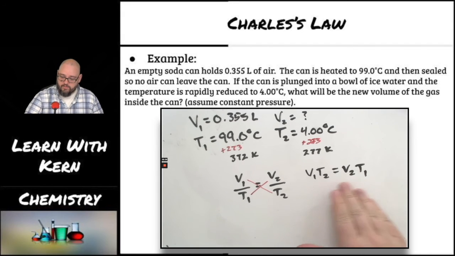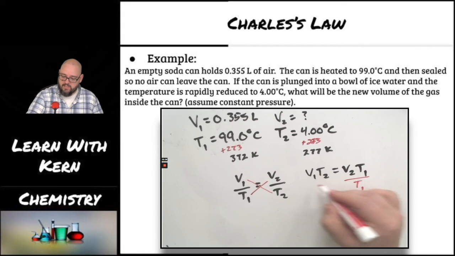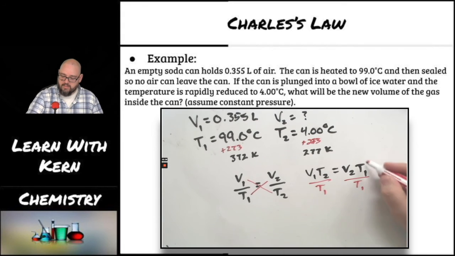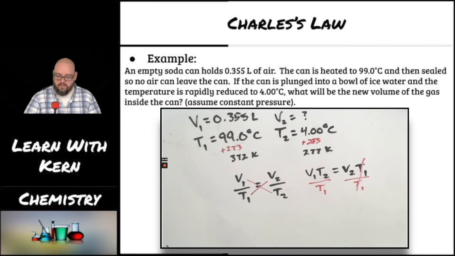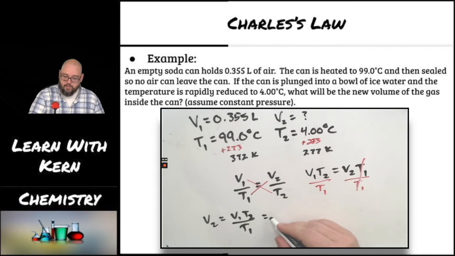And now if we're solving for V2, again, we're going to divide both sides by T1 in order to get them to cancel out on this side. So I have an equation of V2 equals V1 times T2 divided by T1. All right, so now I can plug in my numbers.